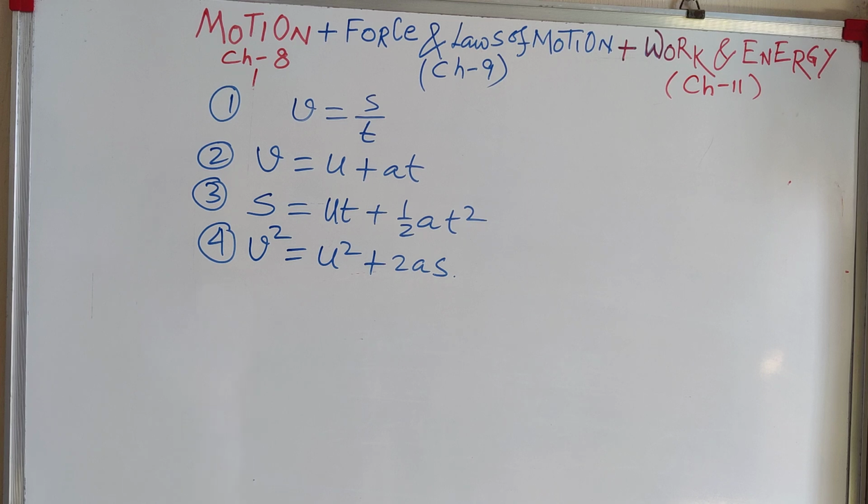Velocity is related to distance and time, V equal to S upon T, when it is uniform motion. When it is non-uniform motion, V will be equal to U plus AT, and the distance covered is S equal to UT plus half AT square when time is given. When time is not given, then V square is equal to U square plus 2AS.